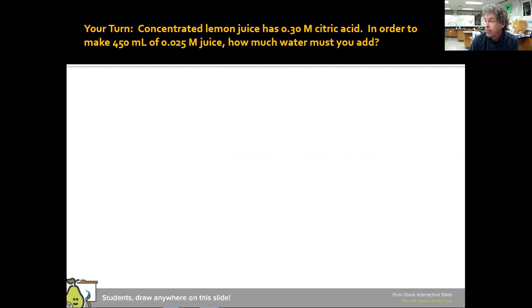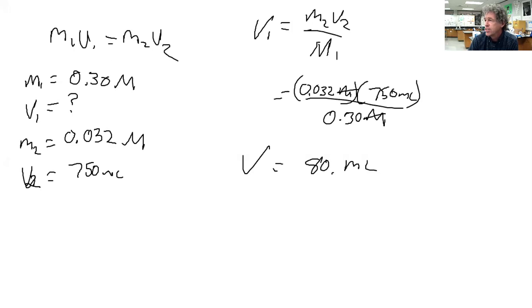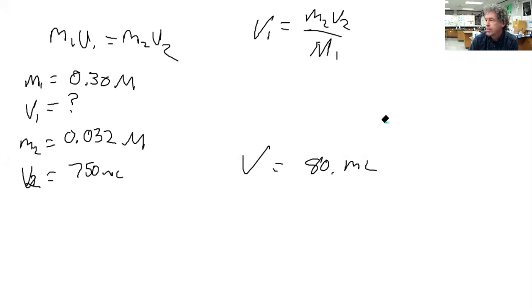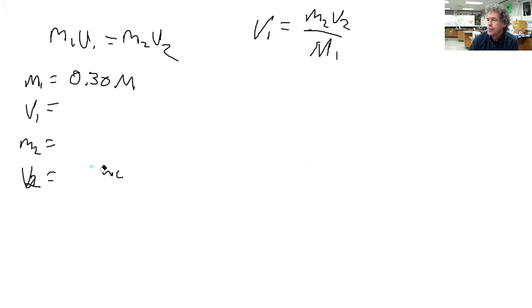If we go back to our whiteboard, a lot of this stays the same. We can keep the equation the same, and our M1 stays the same, but we do have a few changes. V1 is also what we're going to initially solve for, but our M2 here is slightly different.